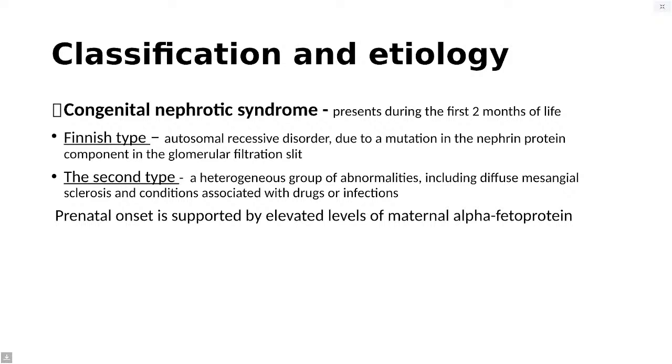The second type is a heterogeneous group of abnormalities, including diffuse mesangial sclerosis and conditions associated with drugs or infections. Prenatal onset is supported by elevated levels of maternal alpha fetoprotein. This is a sign of these two forms.